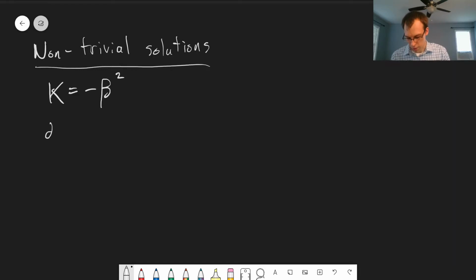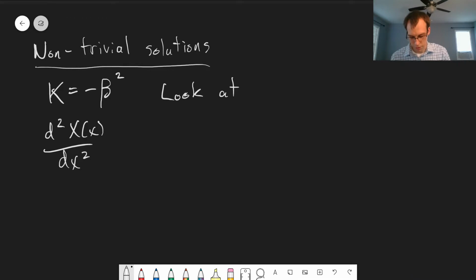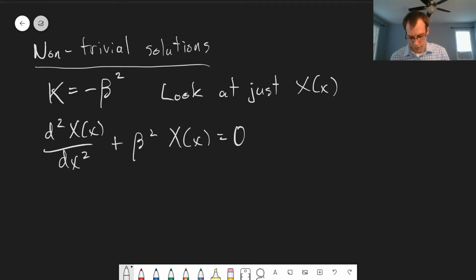So if we write out our differential equations again, d squared dx squared for the x part, and we'll look at just the x part. The t part will look very similar. So we have that plus beta squared times X of x is equal to 0.